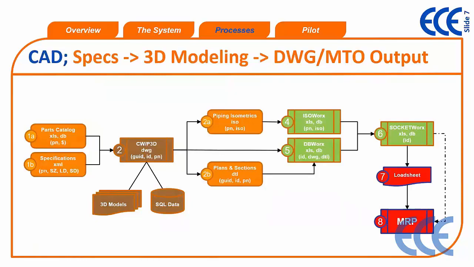So we go from the parts catalog and your specs into CADWorx. We start to do our designing, our drafting. We're building 3D models. We're putting information in a SQL database, and then we're building our deliverables. So the piping isometrics, we can feed through our Isometric application. We can pull in the piping isometric bill of material into the database, which we can then read with SOCKETWorx.